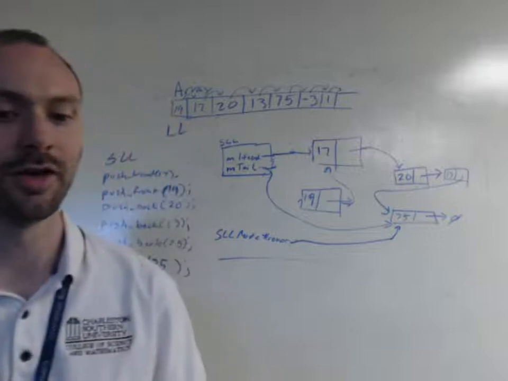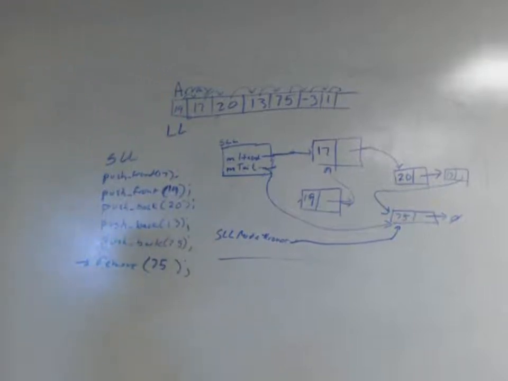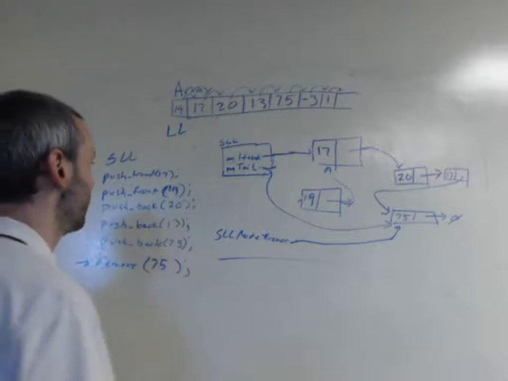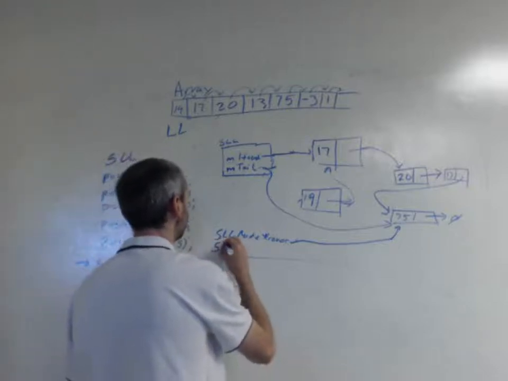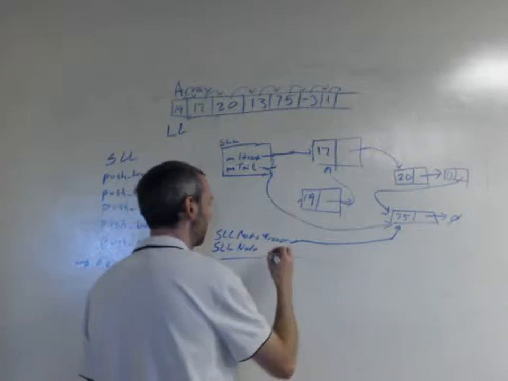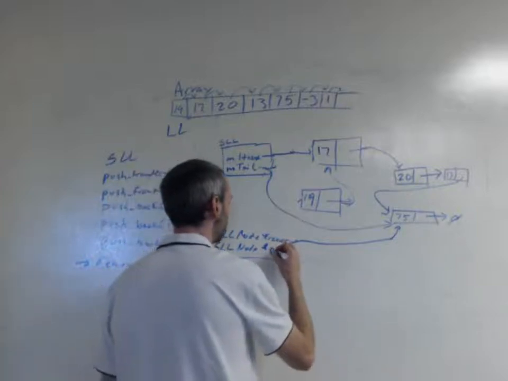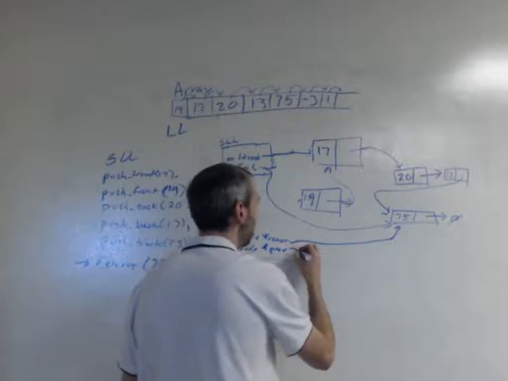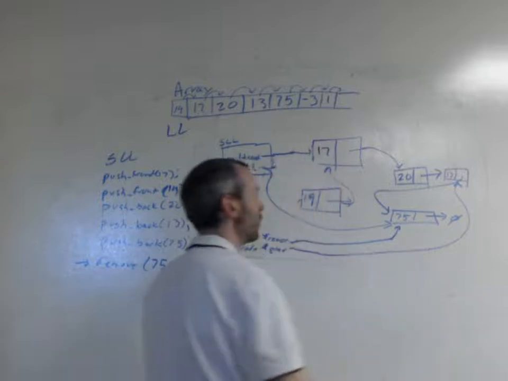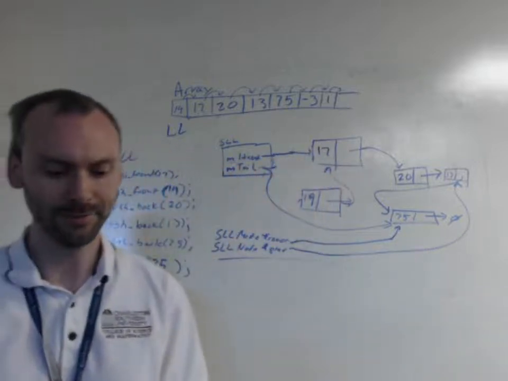Anyone have an idea? This is a little hard. You can have another node that records the node before. Right, so we need to have a previous. I'm calling it previous. What were you calling it? The node before. Oh, okay, so we're going to call it prev. And the idea is that prev is always going to point to the node before rover.